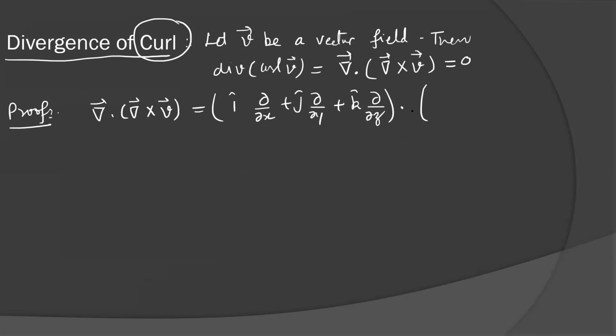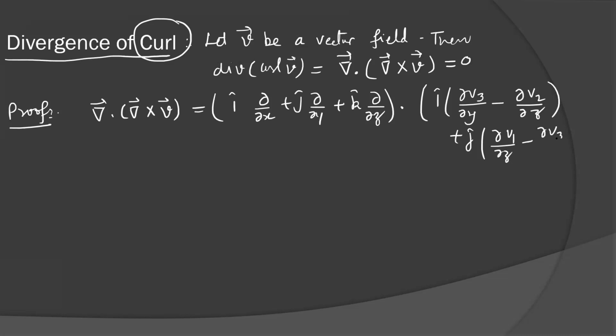So it is equal to i(del V3 over del y minus del V2 over del z) plus j(del V1 over del z minus del V3 over del x) plus k(del V2 over del x minus del V1 over del y). If you do the dot product, you will get this equal to 0. You can prove it. So we have a very important result: divergence of curl V is also 0.